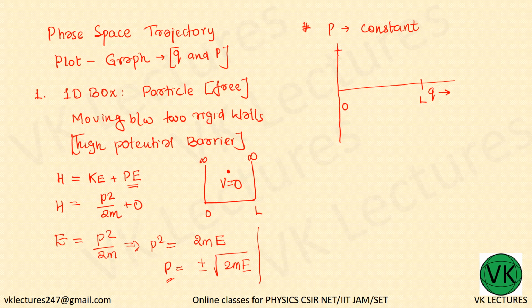So this is plus root of 2mE, and in the negative direction you have minus root of 2mE, and from here it is constant up to the length L. Here it is constant up to the length L.